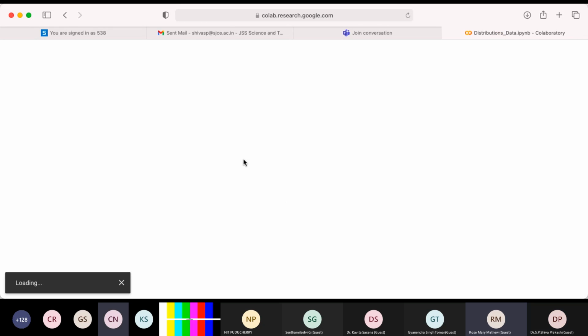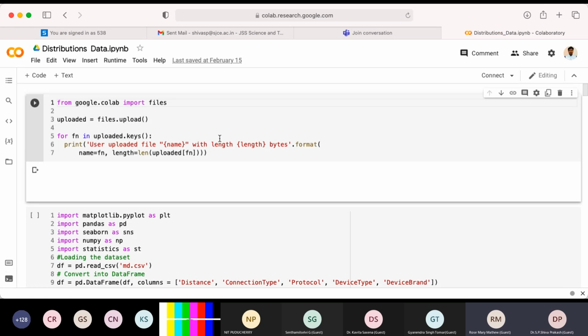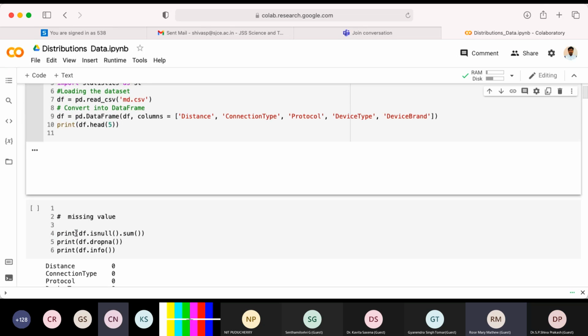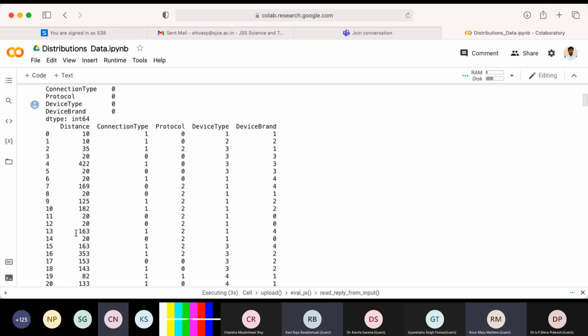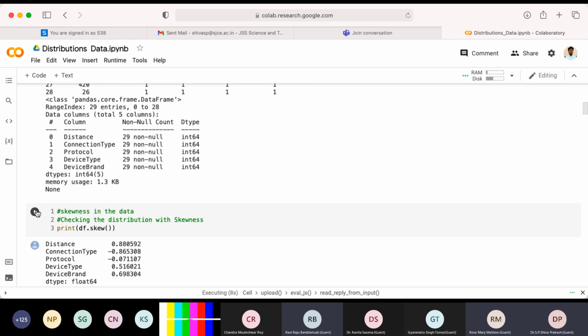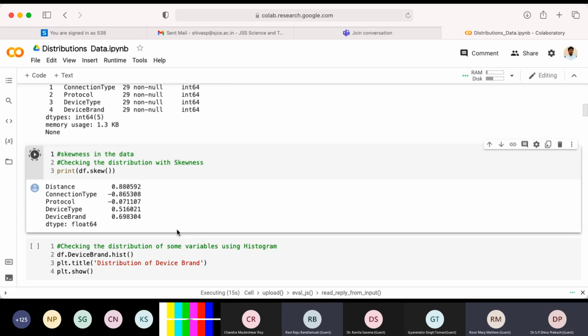So to look into the data distributions, this is the data set that has been used, to check the skewness within the data, with respect to distance as an attribute, connection type, protocol, device type, and device brand.